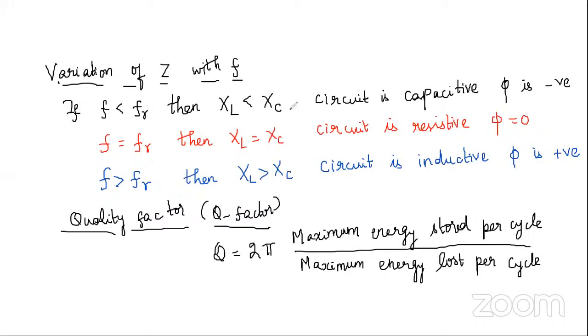And we have some more equations also for Q factor. So that is Q is equal to omega naught by omega 2 minus omega 1. That will be omega naught L by R. This is 1 by omega naught R into C. So this Q factor represents the sharpness of resonance.